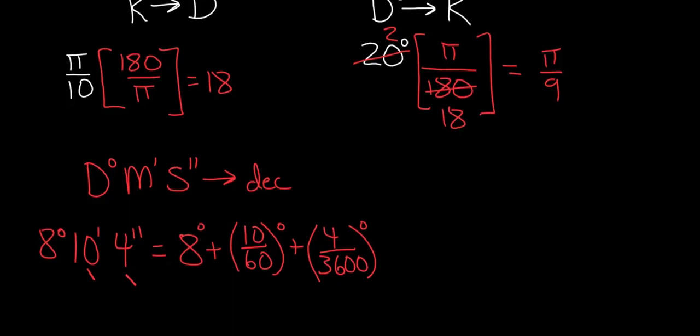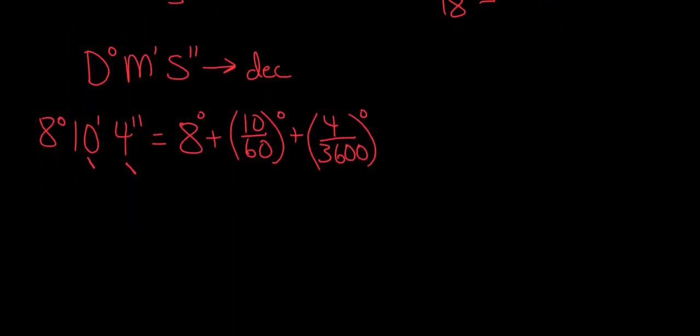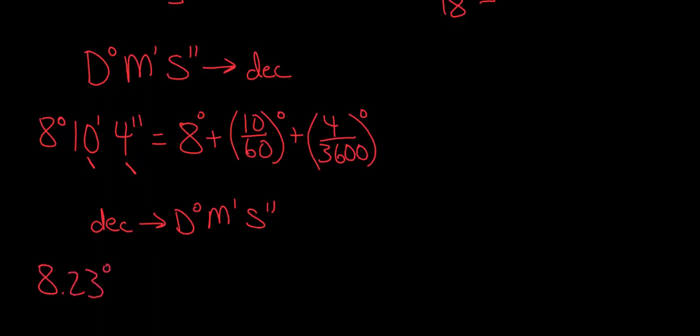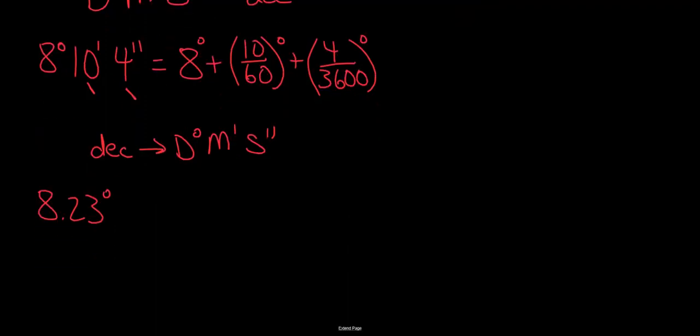Okay. Now, let's suppose we want to go from decimals to degrees, minutes, and seconds. So let's suppose that we've got 8.23 degrees. Now, what you're thinking of here is you've got 8 full degrees and a fraction of another. So this is 8 full degrees, and then you want to know, well, how many minutes? So you take the 0.23 and you multiply by 60. This is how many minutes you're going to have.